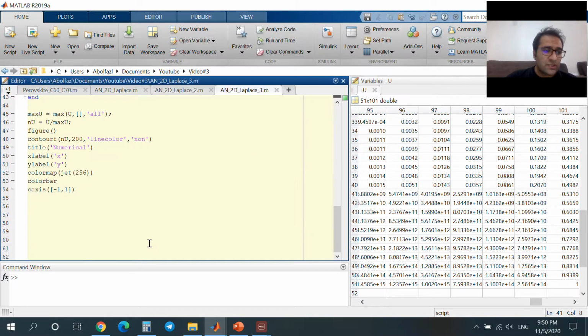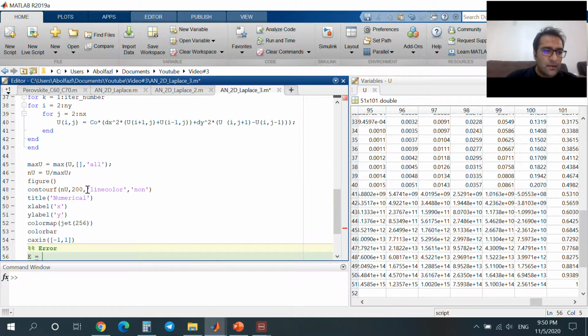So let's here define the error, calculate the error between the numerical and the analytical. Error, okay, and I define it with E, and E should be normalized analytical minus normalized numerical, right?